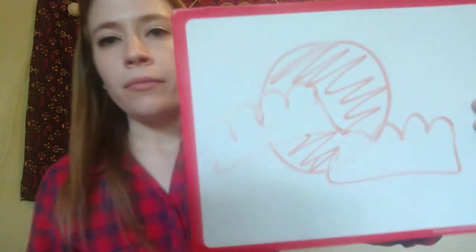And I'm seeing this very familiar looking weather symbol. That's the sun with the two clouds covering it. So does anyone remember what type of weather this usually represents?